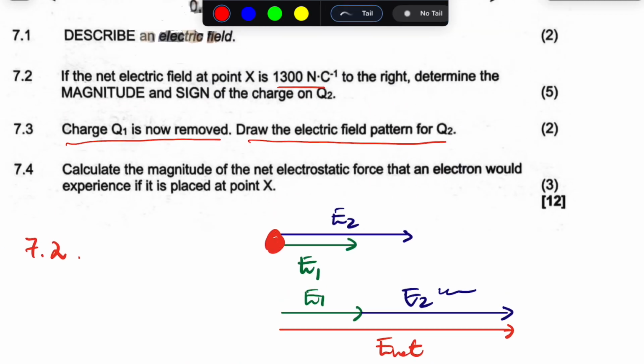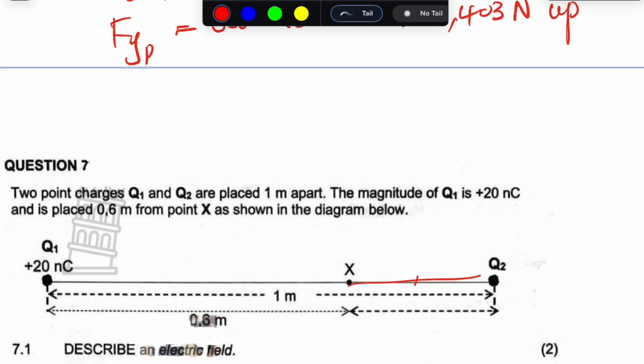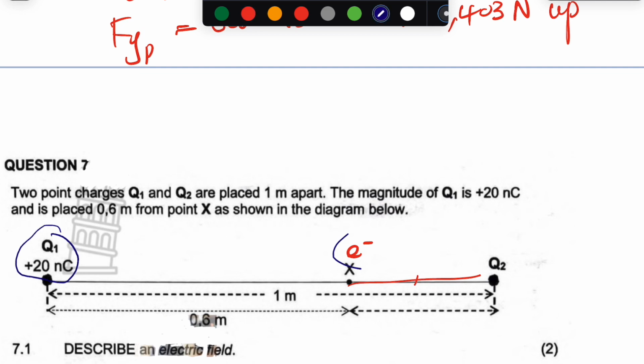Now in 7.4 it says calculate the magnitude of the net electrostatic force that an electron would experience if it's placed at X. Now guys, the electron is placed here, right? So they want the net electrostatic force experienced by that electron. One thing you need to remember: this one is positively charged and this one is negative.